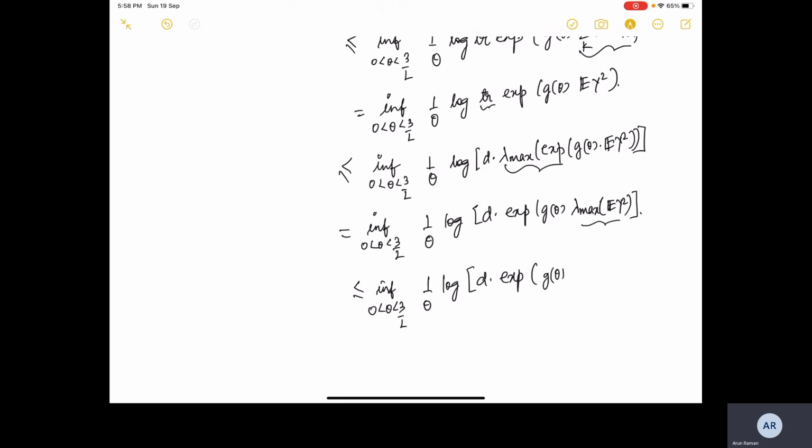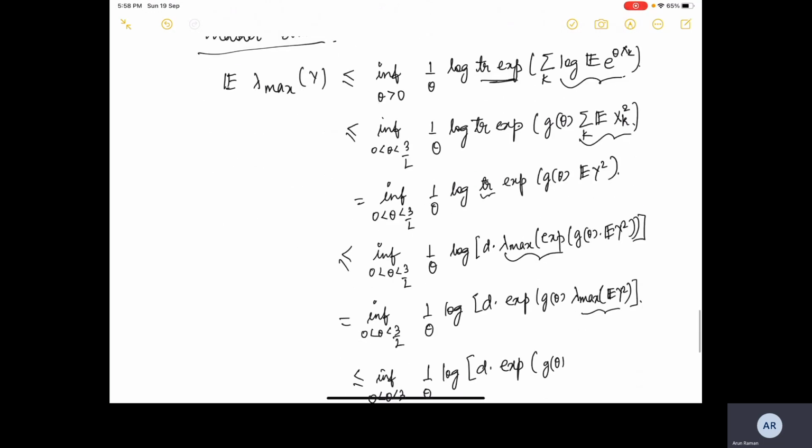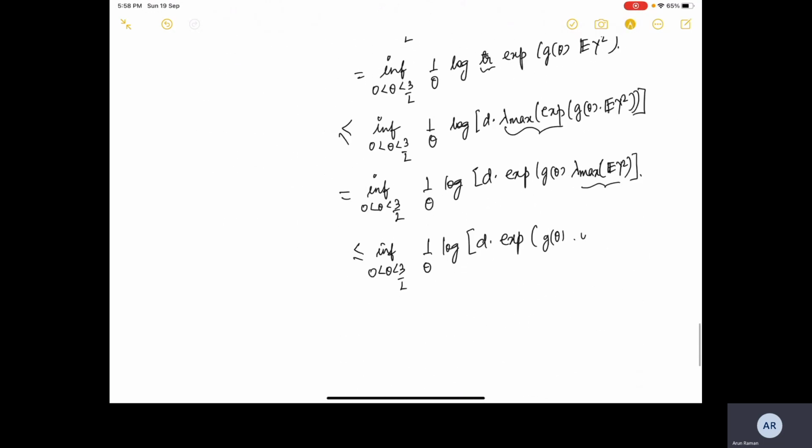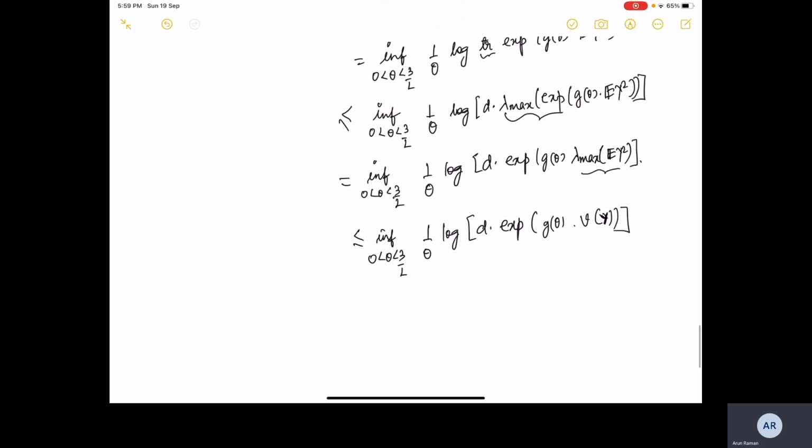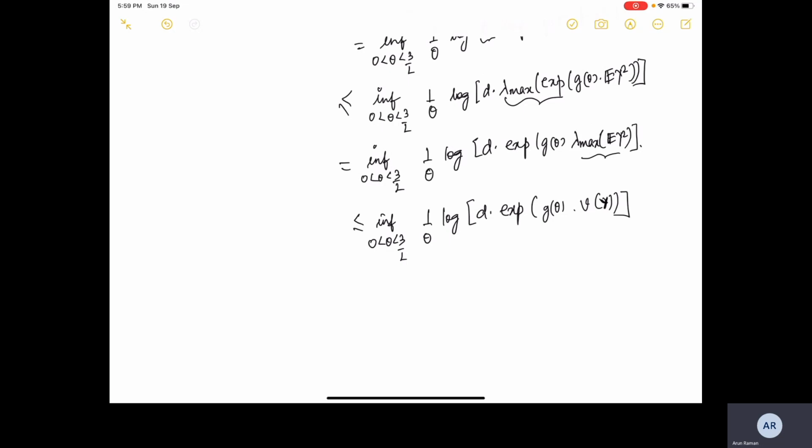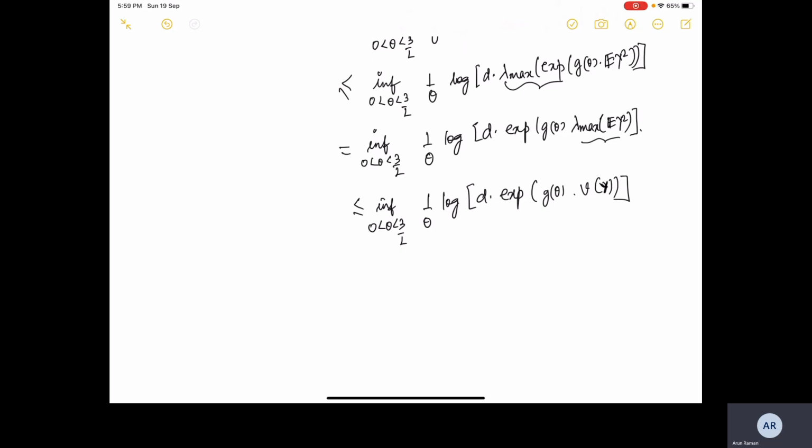But in this case, since we started with the CGF bound and brought in Xk square, for the Hermitian case we get the variance statistic. This is the differentiating term in both the proofs, and the key was actually the CGF bounds. We got different CGF bounds, so the whole flow of the proof was different. Then we break the logarithm and we get our value, 3 over L, log d by theta plus theta by 2 times 1 minus theta L by 3 times the variance of Y.